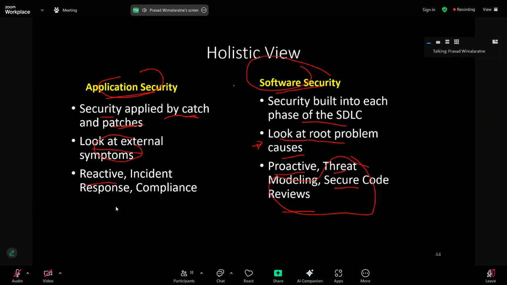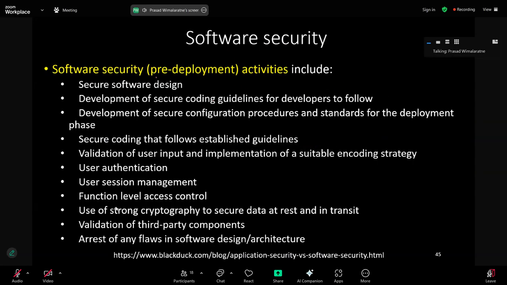So we said software security is a set of pre-deployment activities, like secure design. Do your design with an eye on security features. Not just the architecture, but secure architecture.